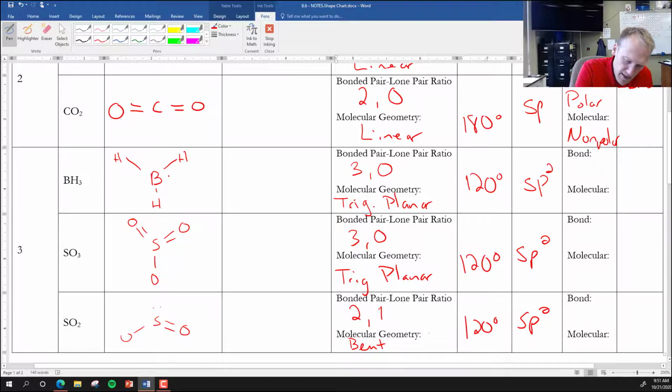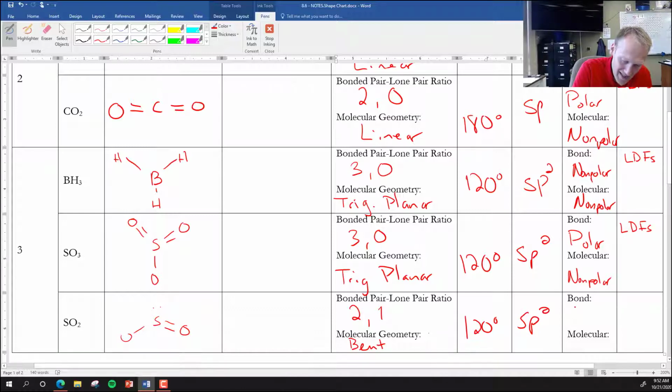Boron and hydrogen make nonpolar bonds and therefore nonpolar molecules, and we'll have LDFs only. Sulfur and oxygen will have polar bonds, but you cannot separate the negative from the positive, so these would be nonpolar molecules, and therefore only have LDFs.